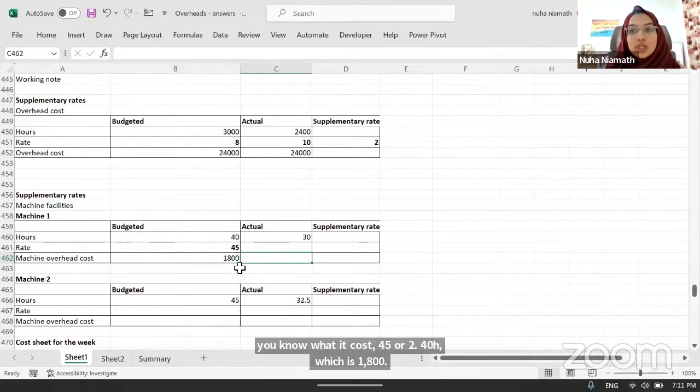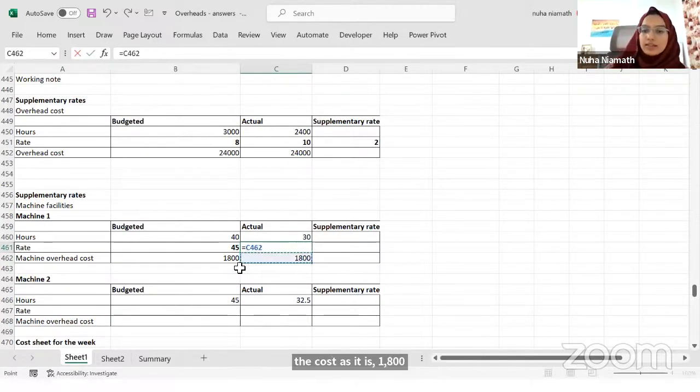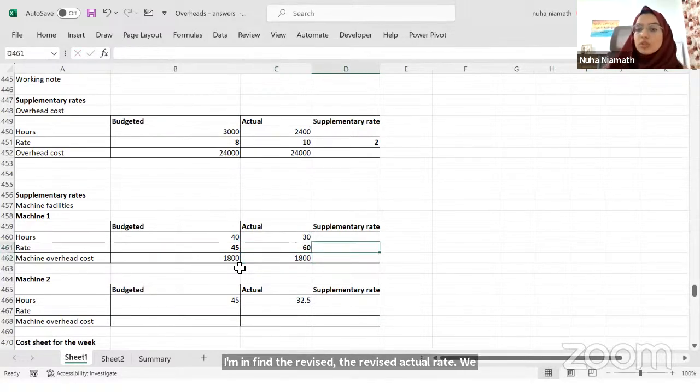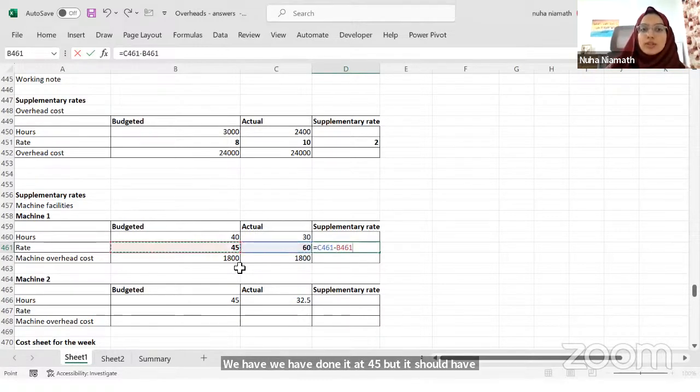Since they have said there is no change in the cost, we keep the cost as it is, 1,800, and we'll find the revised actual rate, which comes to 60 rupees. So this gives us a supplementary rate of, again, we have under absorbed because we have done it at 45, but it should have actually been at 60 rupees. So we will do 60 minus 45.